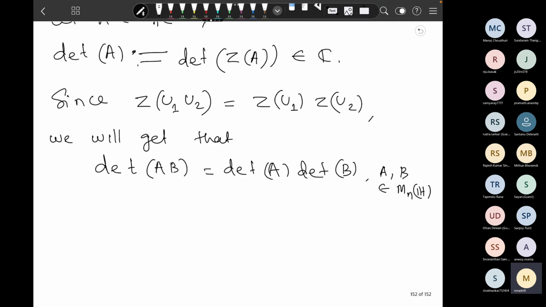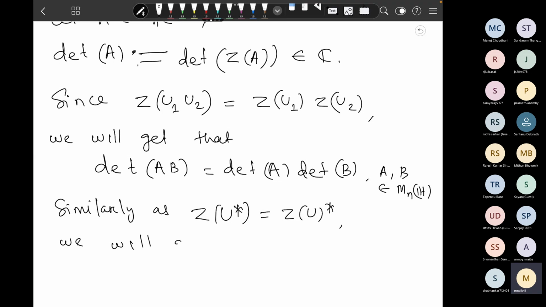Similarly, as ZU star is equal to ZU star, you will get that the determinant of U star is equal to the determinant of U bar.